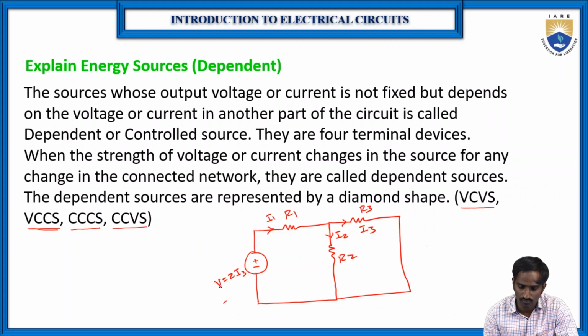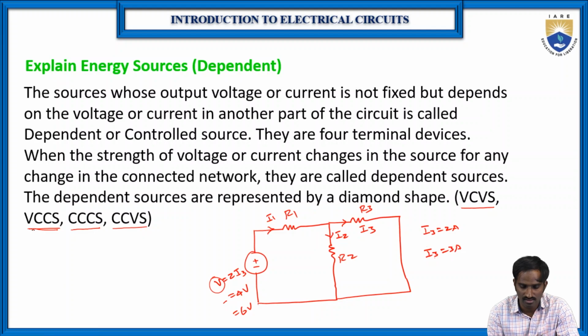This means the voltage value V is controlled by the current I3. Suppose I3 is equal to 2 amperes, then it should be 4 volts. And if I3 is equal to 3 amperes, then it is 6 volts. So this voltage is controlled by the current flowing through the resistor R3, which is I3.